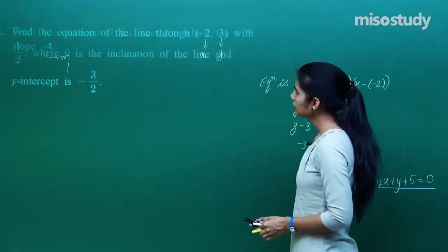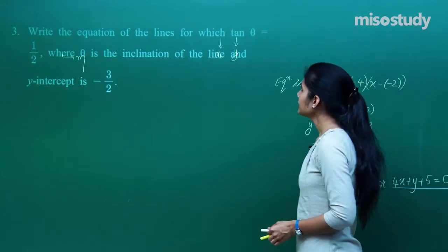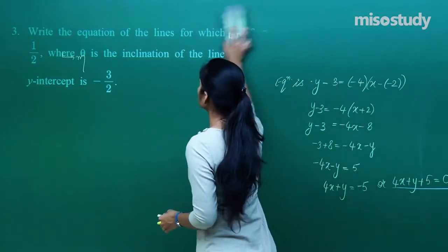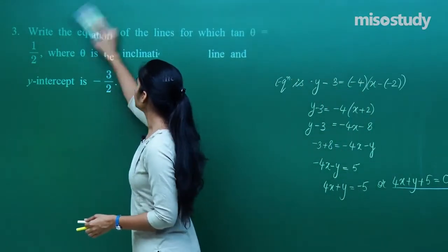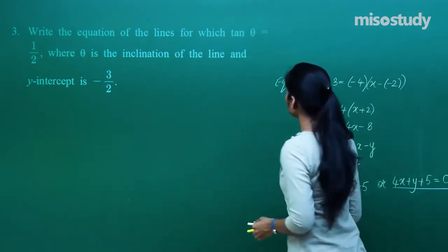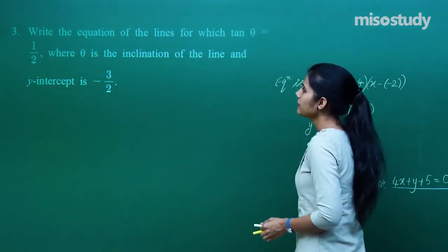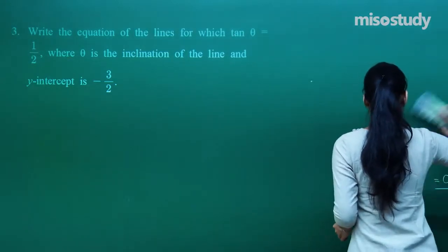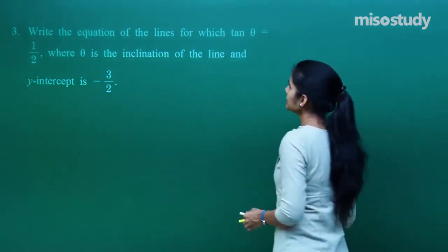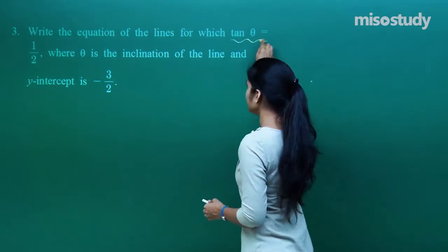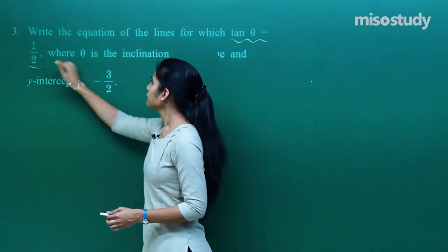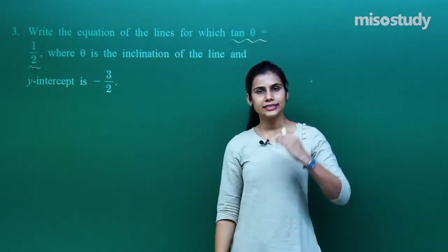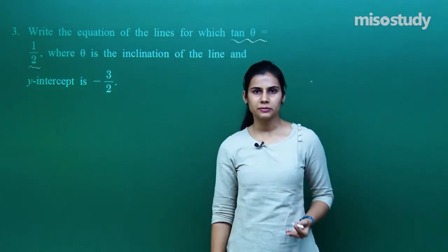Next we have, write the equation of the line for which tan theta is 1/2 and theta is the inclination of the line and the y-intercept is -3/2. So I am given the y-intercept and I am given the value of tan theta. I know that if theta is the inclination of the line, then tangent ratio of the inclination is nothing but the slope.